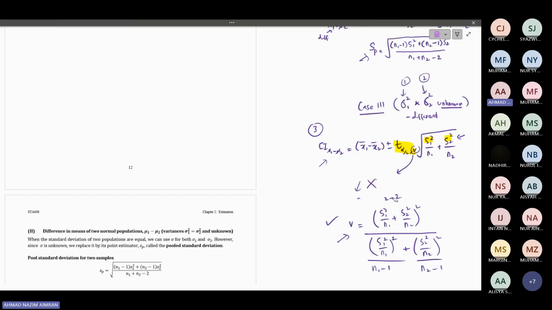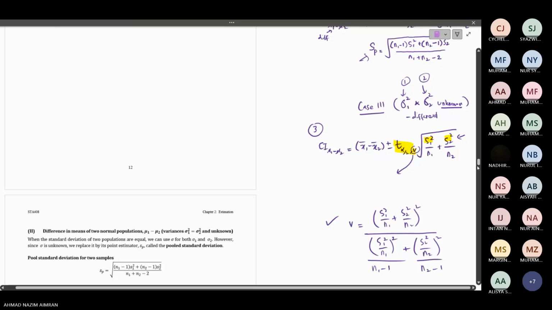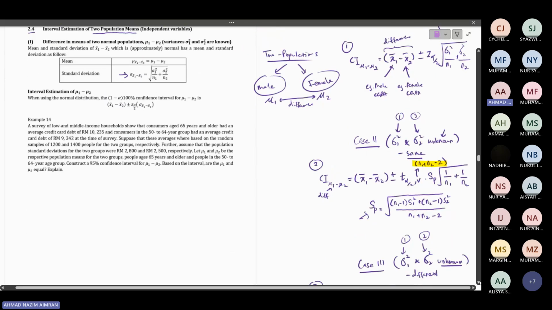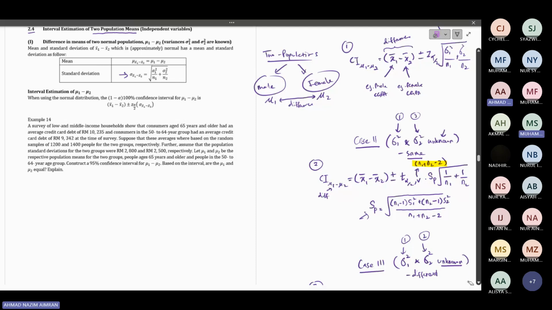You just have to make sure that you insert the right values into the formula. Any questions so far? No? May I proceed? No questions, Doctor? Okay, alright. Thank you.